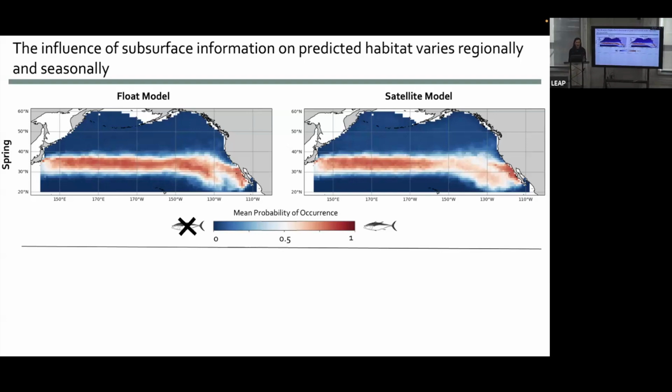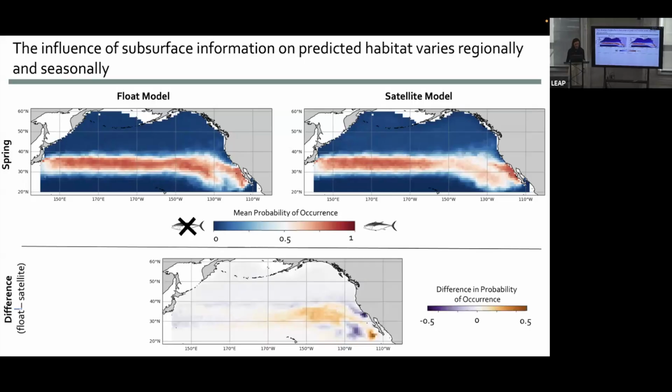Here we're looking at modeled probabilities of occurrence in the spring from the float model on the left, satellite model on the right. In general, we see fairly similar patterns of habitat suitability, but divergences between the two models become a lot more clear when we take the difference between these two probability predictions.